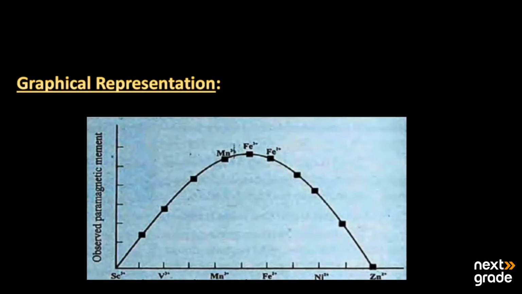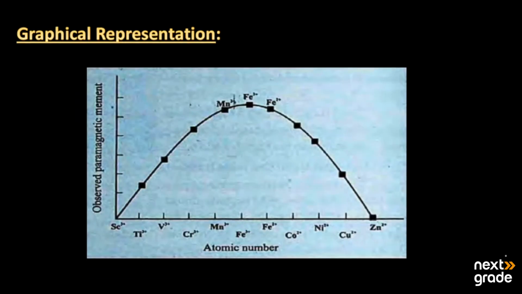Let's look at an example of the paramagnetic behavior of the substances, which is their graphical representation. Here we have the atomic number along the x-axis, and the observed paramagnetic moment along the y-axis.